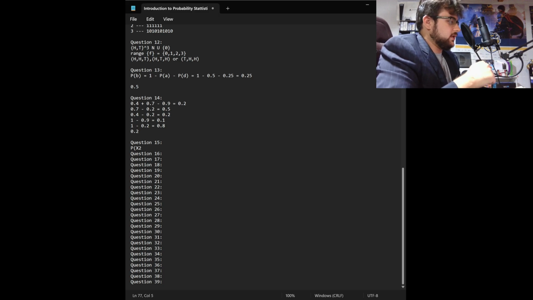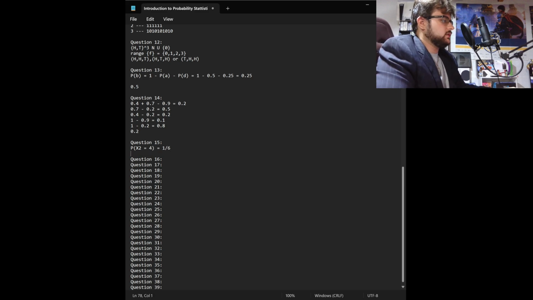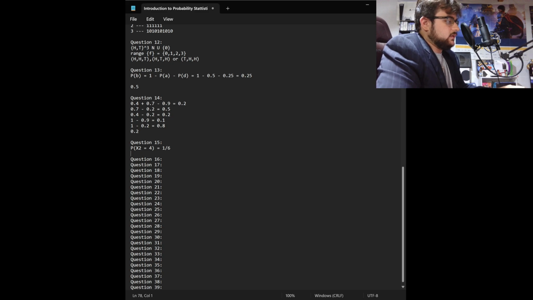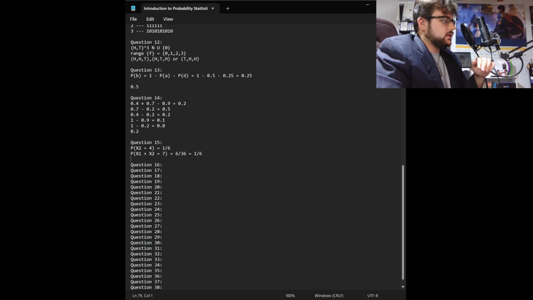And that's a lowercase 2 underneath, equals 1 out of 6. Then this is a lowercase 1, 1/6, just like that.